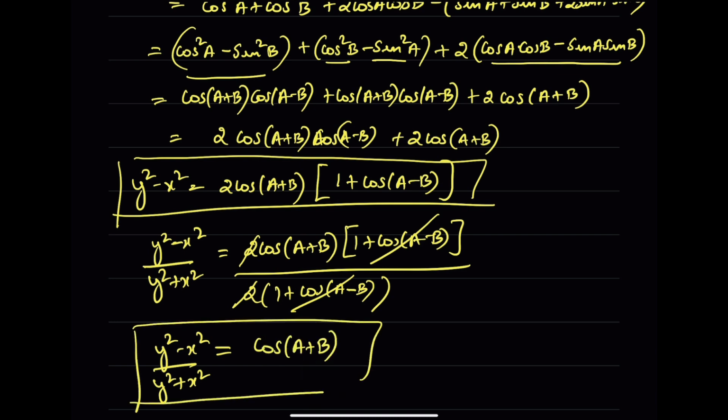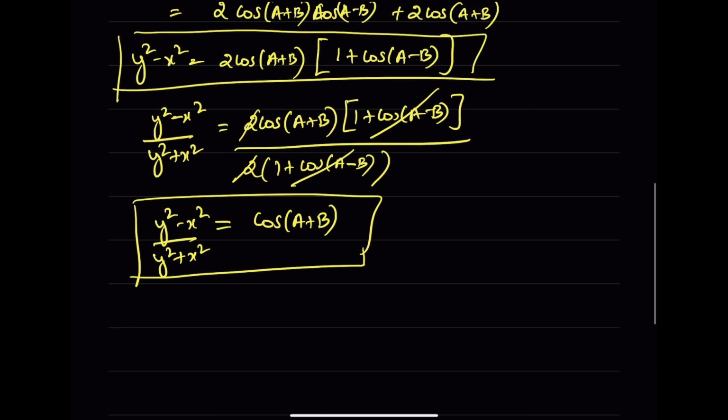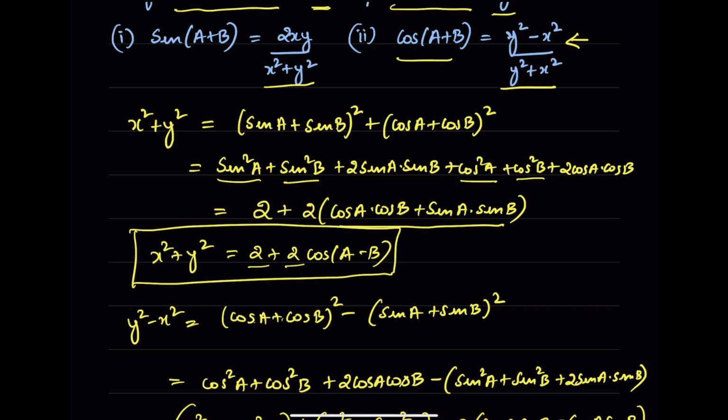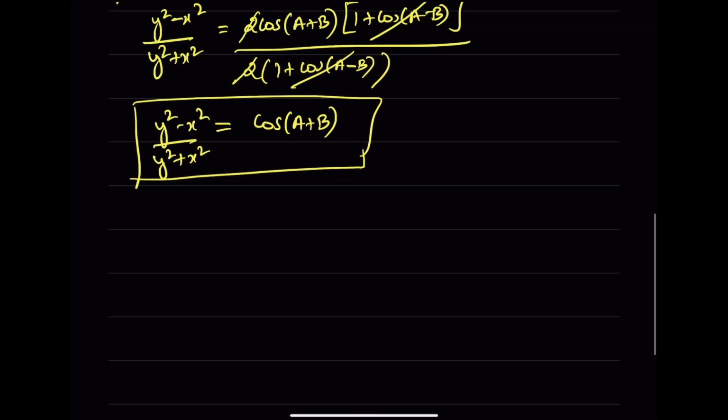So now we know the first part. Now, when we know cos of A plus B, what is the other question we have? We have to find sine of A plus B, correct? So let's use the trigonometric identity.